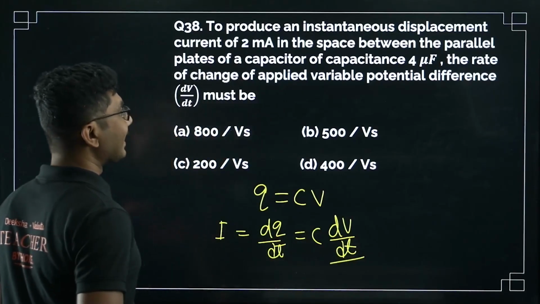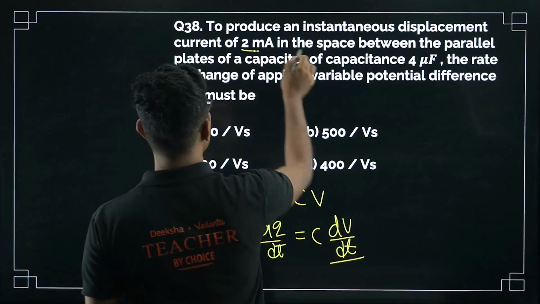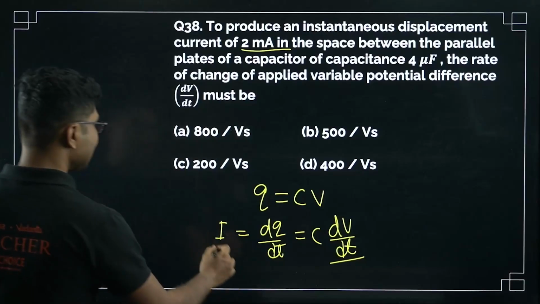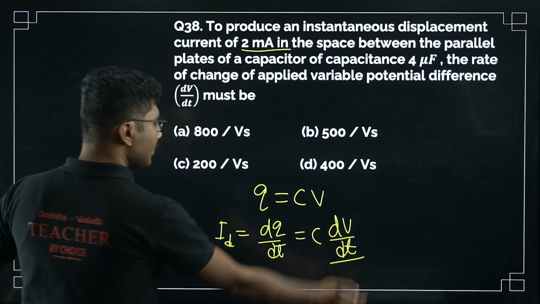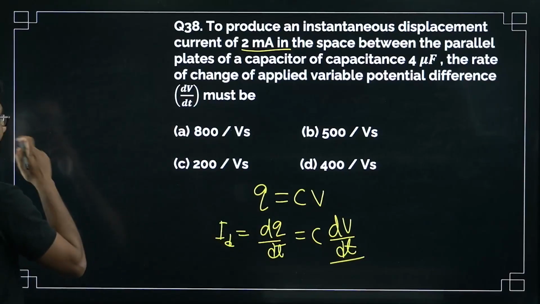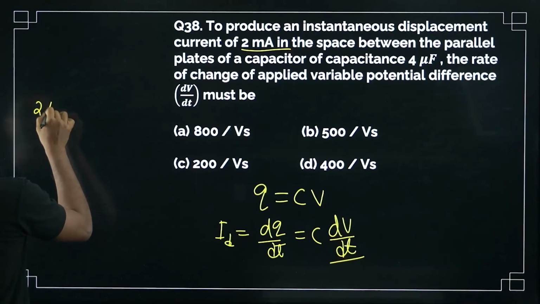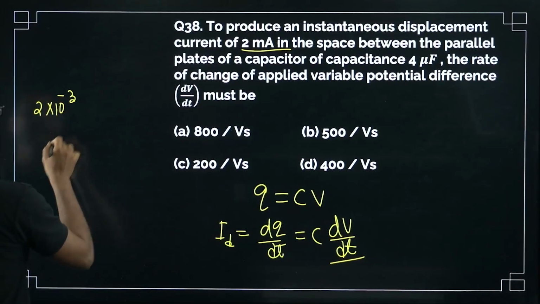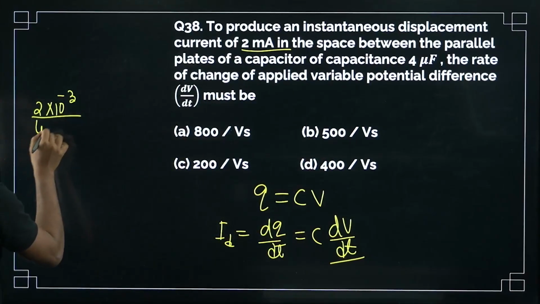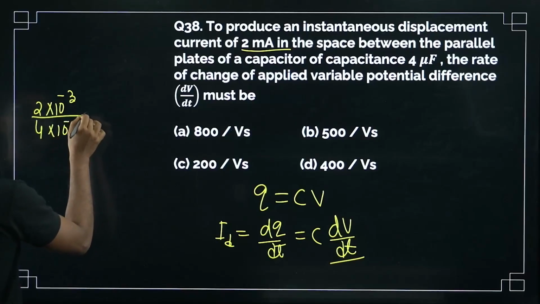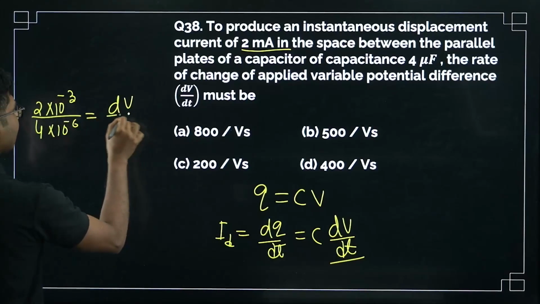So what is the current given here? Current given is 2 milliampere. That is the displacement current, the change in the charge in the capacitor. So we have to find what dV by dt is. ID is 2 milliampere, that is 2 into 10 to the power of minus 3 divided by C, where C is 4 microfarad, 4 into 10 to the power of minus 6, and that equals dV by dt.